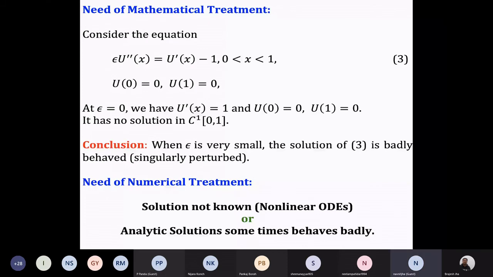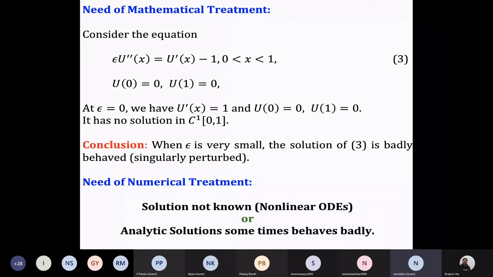So this type of equation either has no solution, or even if it has a theoretical solution, it can be badly behaved. So we need some computational technique to analyze them. Solutions are not known for many nonlinear ODEs, or sometimes the analytical solution behaves badly.